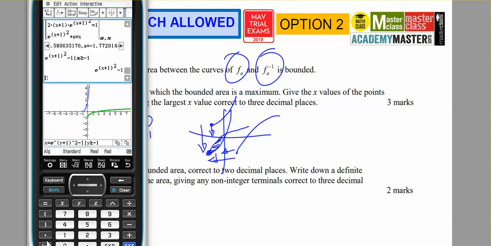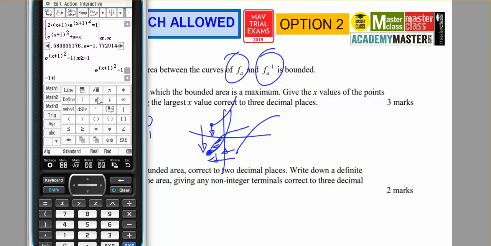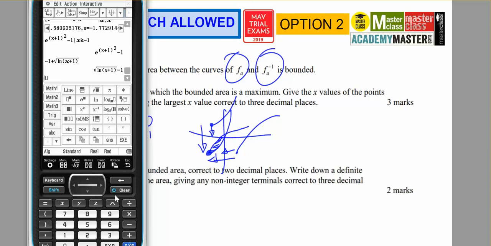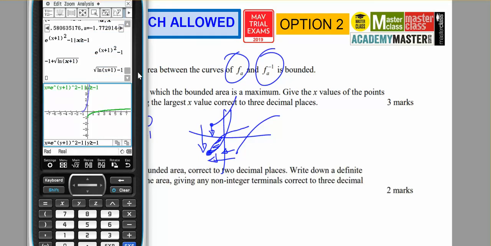Now I know the inverse is -1 plus log base e of the square root of log base e of x plus whatever a is, so it's going to be +1 in this particular case. And if I graph that at the same time, that's going to go on top of there.